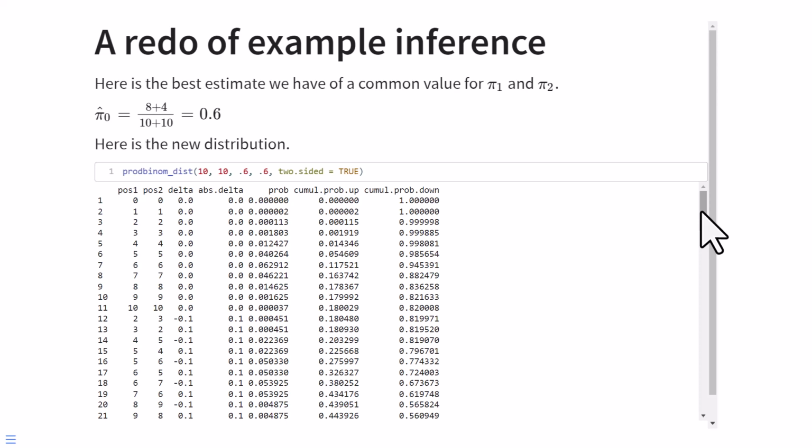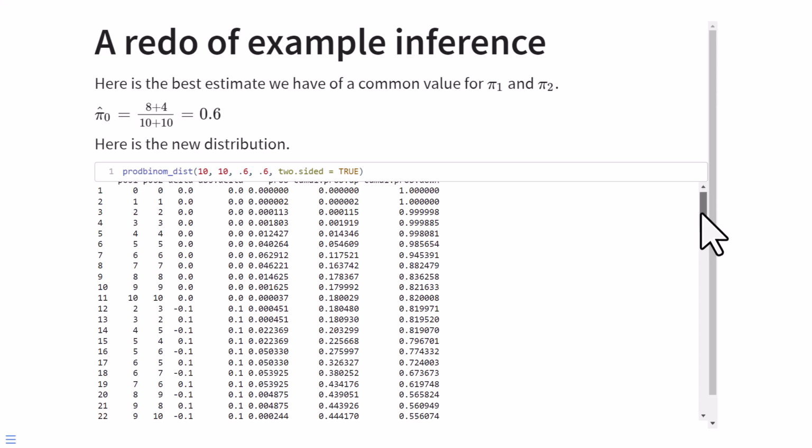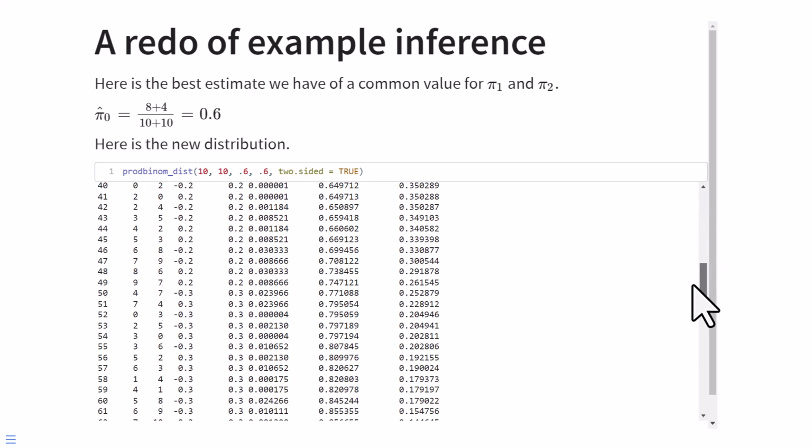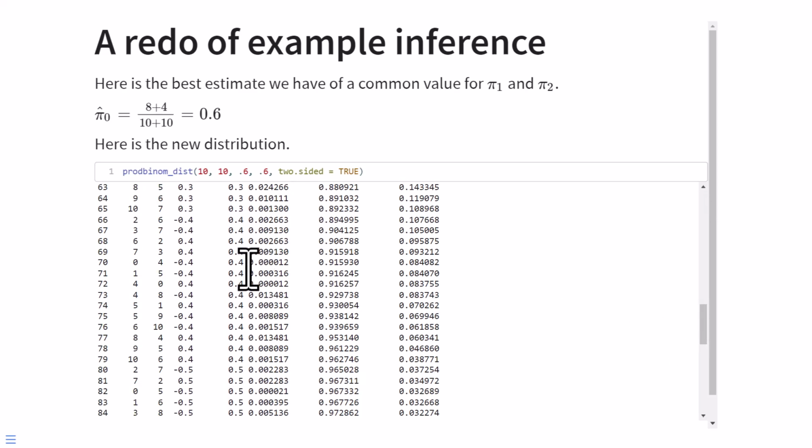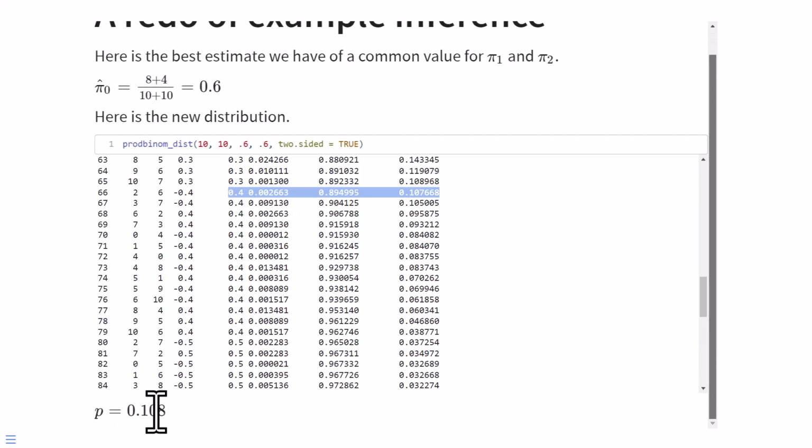So when we use this, again remembering that 0.4 was what we actually observed, you can see here that our p-value is now 0.108. So we're looking at a p-value that's a little bit smaller than what we had before, and that's what we would expect.